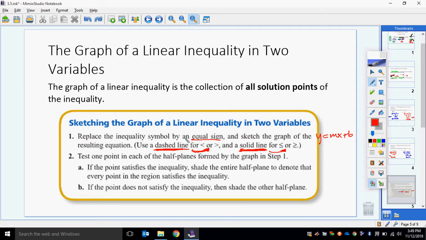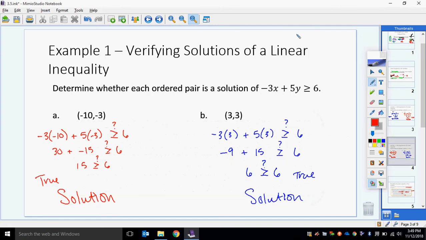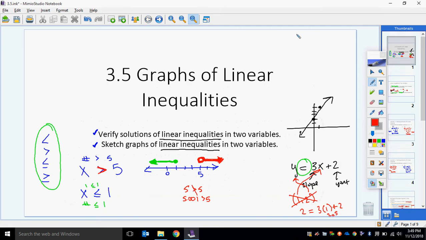The other thing that we need to be worried about is shading. The reason why we shade in these graphs is because a linear inequality is a collection of all solution points. Just like in my opening example on our inequality, we had an arrow pointing to the right on the red and an arrow pointing to the left on the green.